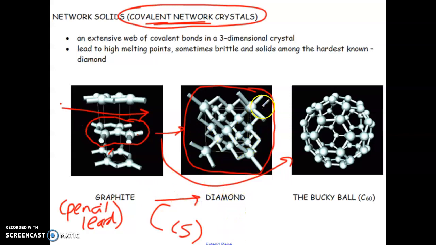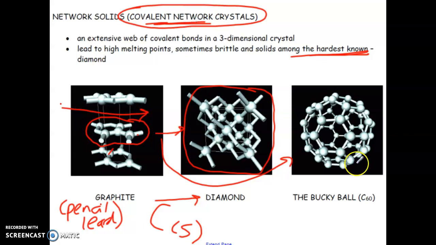So diamond is the example, right, known as the very, very hard substance, the hardest naturally known substance currently. So this pattern that it takes on, obviously, if you look at this, is much more complex, much tougher to break through.